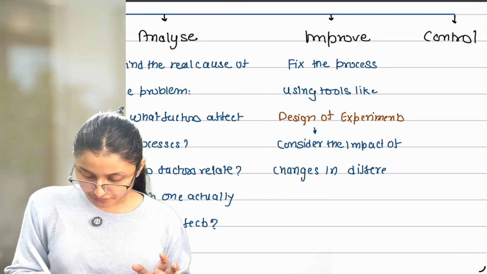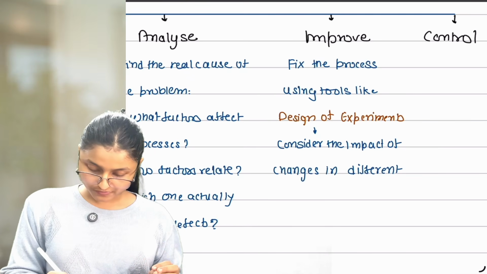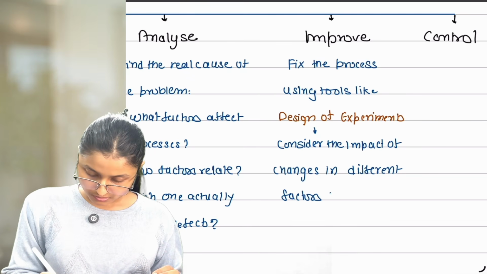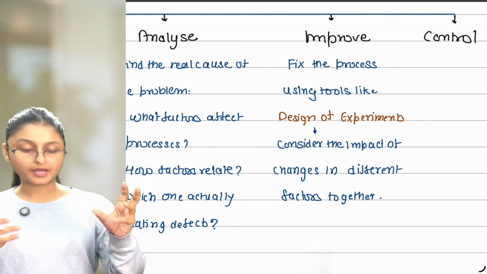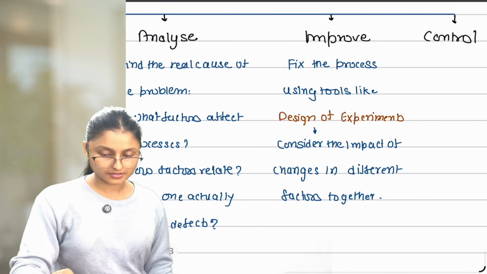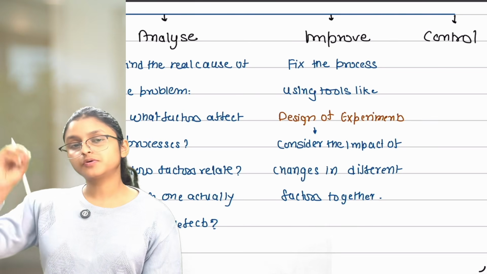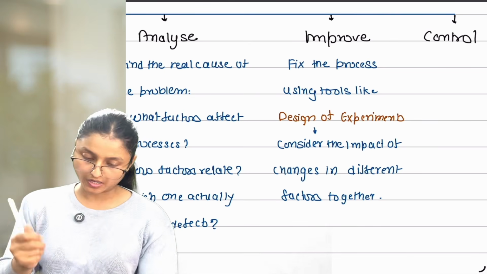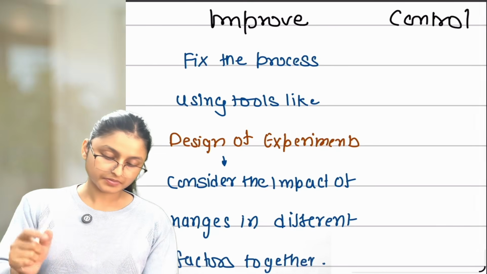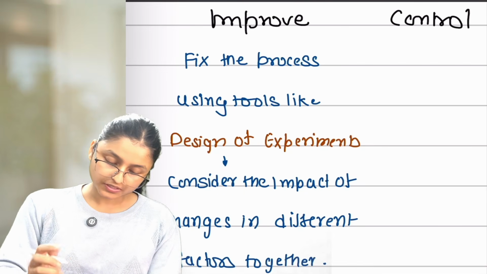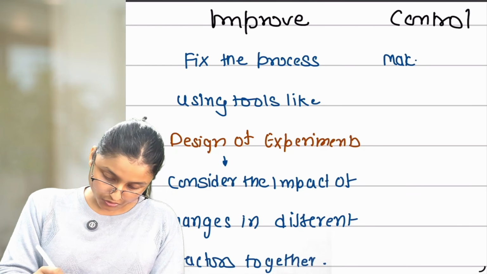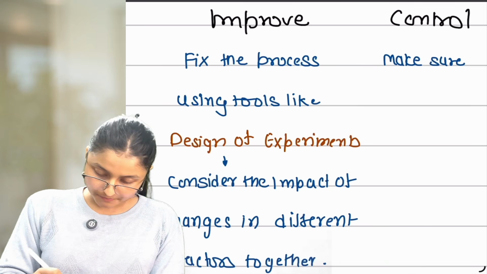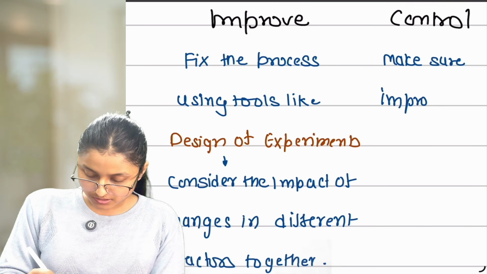What is the impact of different changes in different factors, if they are taken together, then what happens? We'll check that. And the change which works perfectly, we'll choose that as the best solution. Now, after that, we'll implement that best solution. After implementing, you need to make sure the improvement stays permanent.